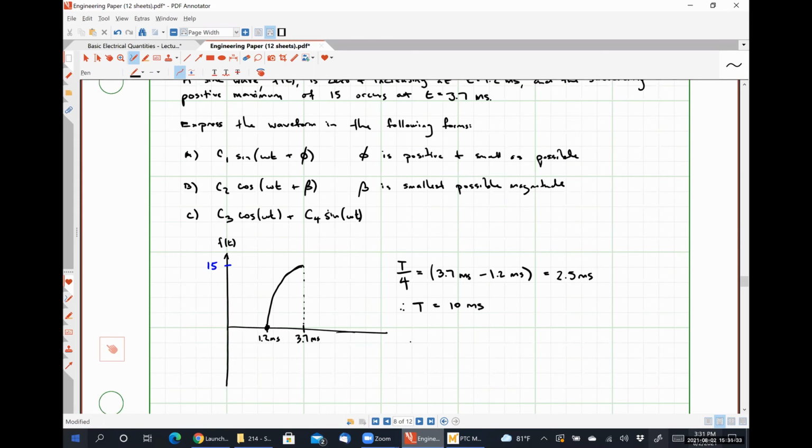Recall that omega is 2 pi over T. So if we have 2 pi over 10 times 10 to the minus 3, we have a frequency of 200 pi radians per second.